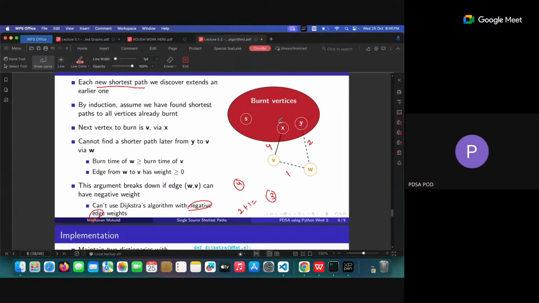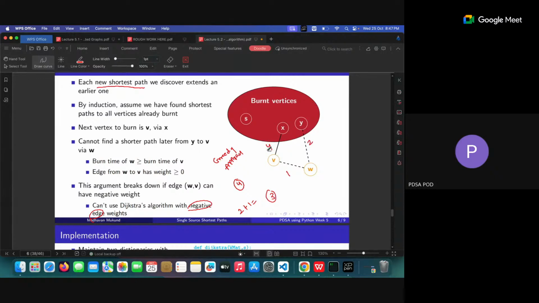Greedy means once X is burned, from X it chooses all adjacent. Once Y is burned, from Y it chooses all adjacent. Even if you have a shorter path from Y to W and W to V, it doesn't choose it because it's a greedy approach. So V is burned through X only, even though it has weight 4.